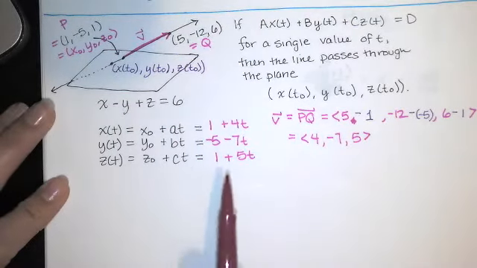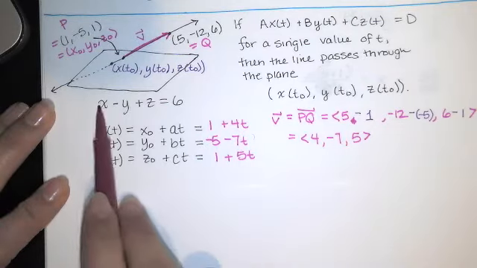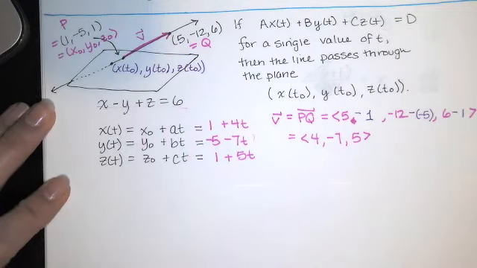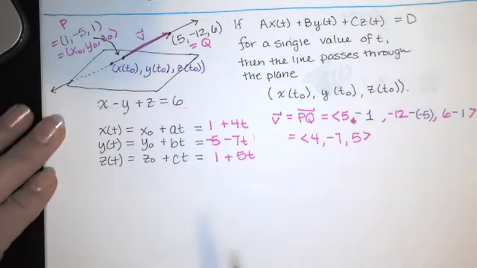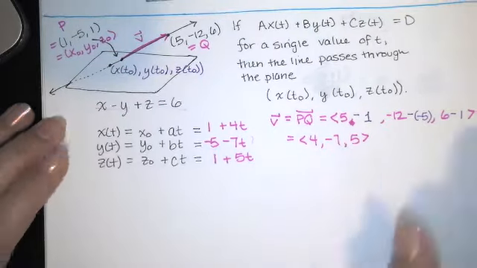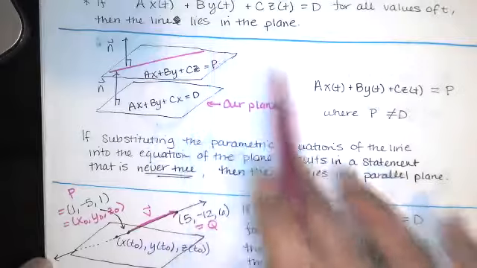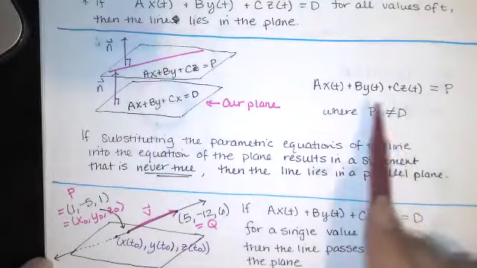Now we want to find the value of t where these parametric equations satisfy this equation of the plane. And we're told that the line passes through the plane, so we know we're in this case. But in theory, maybe the line would lie in a parallel plane, if we get a statement like this.